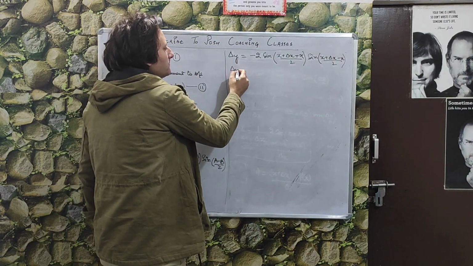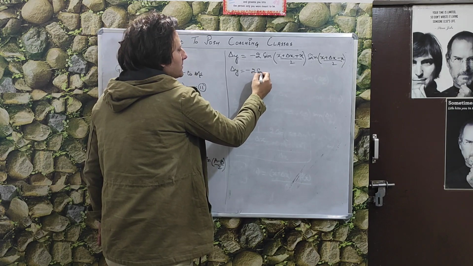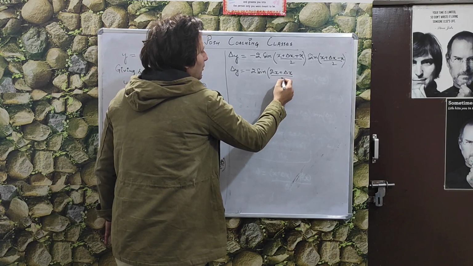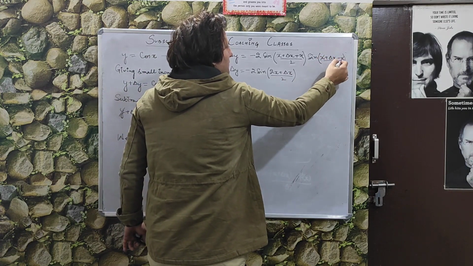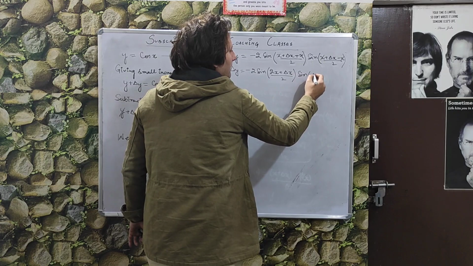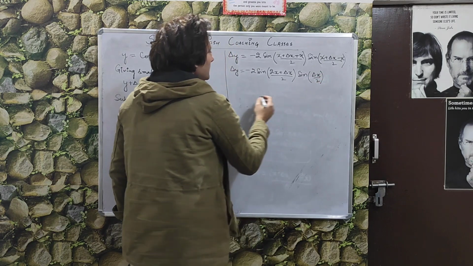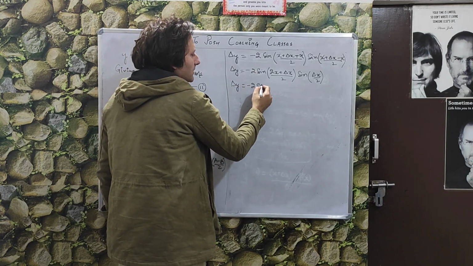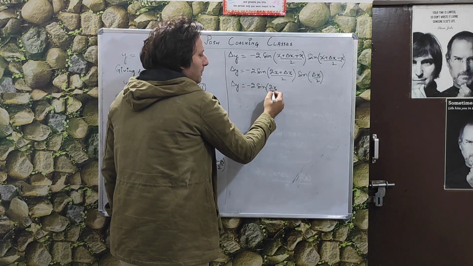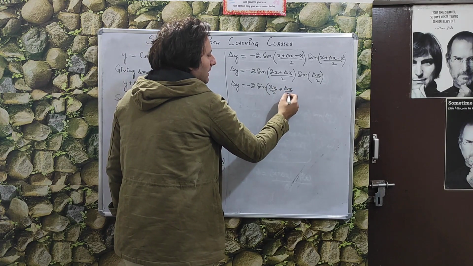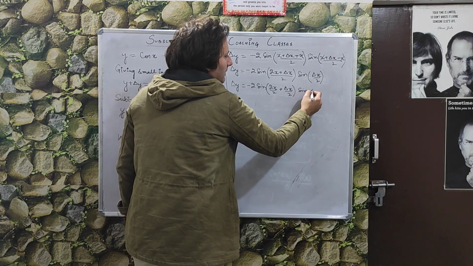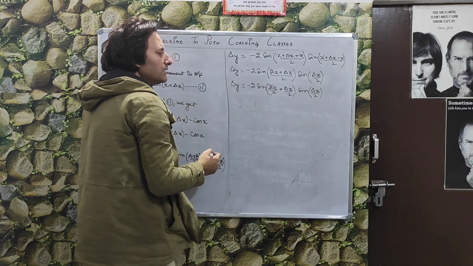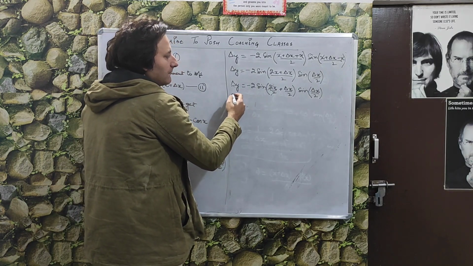So delta y is minus twice sine of 2x plus delta x upon 2. Then this and this goes, it is sine delta x upon 2. Now I'll just bifurcate it here itself. Delta y is equal to minus twice sine of 2x upon 2 plus delta x upon 2, then sine delta x upon 2. This 2 and this 2 is gone. So we have this thing.